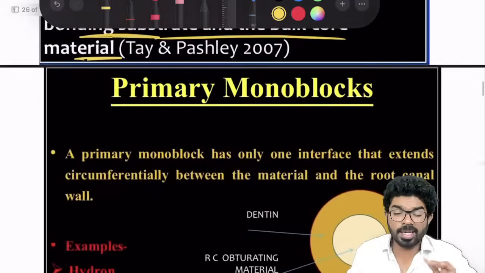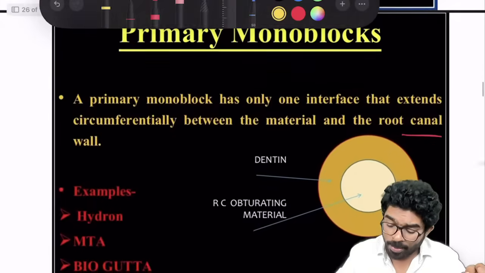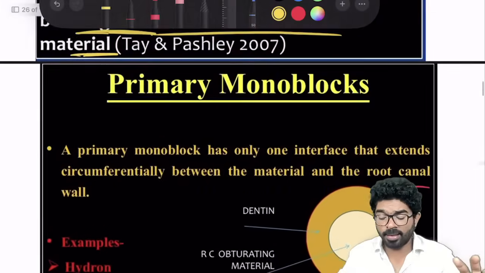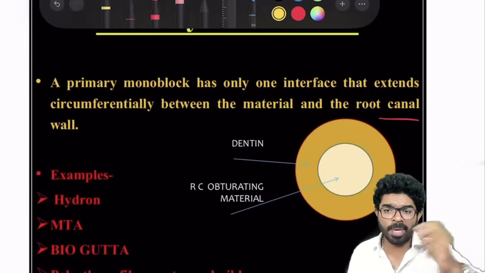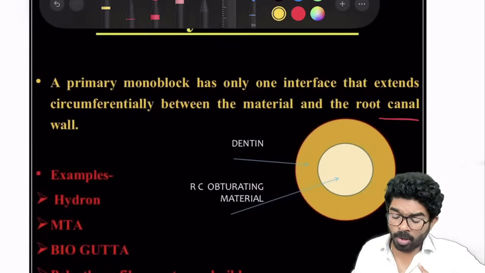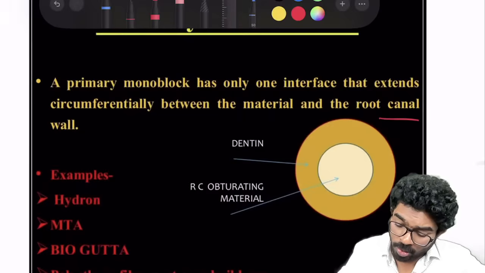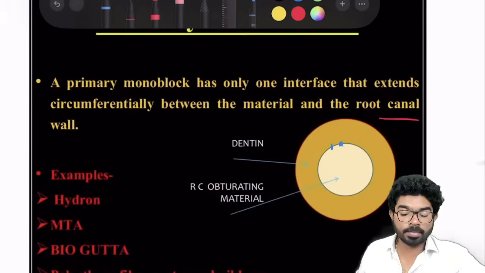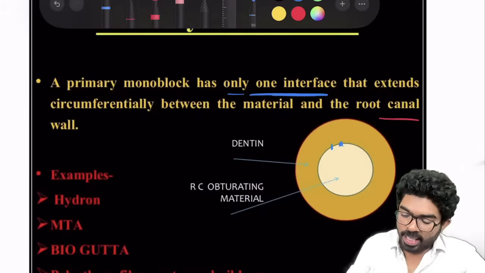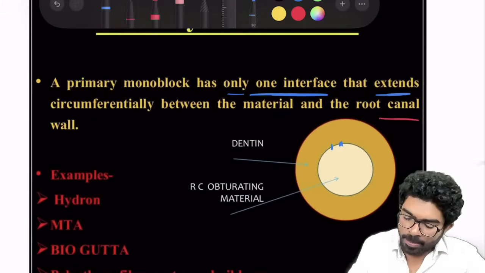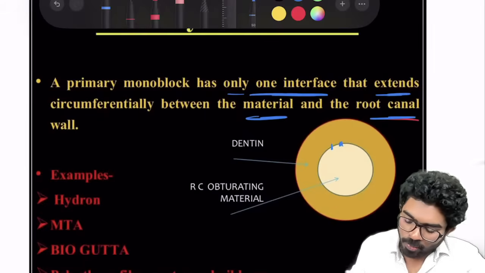So the first one is very important: a diagram based question was already given in INICET. I'll be showing the exact diagrams. Second is examples. The concept I hope you can handle. In a primary monoblock you have only one interface, which extends circumferentially between the material and the root canal wall.